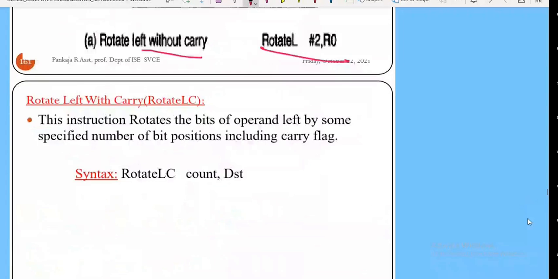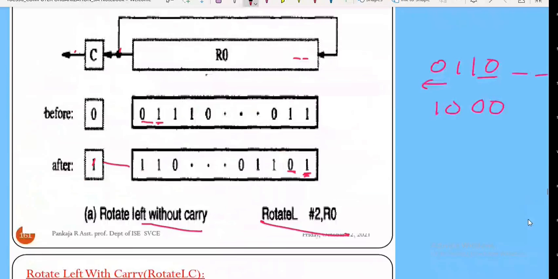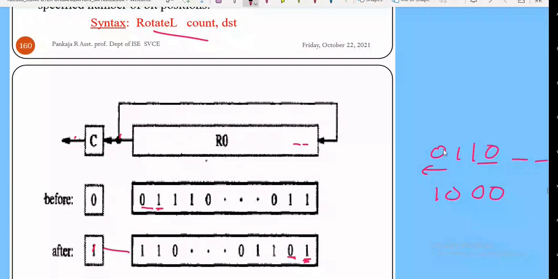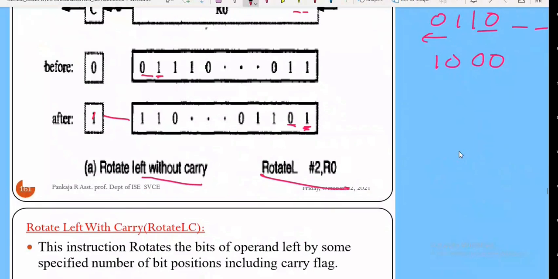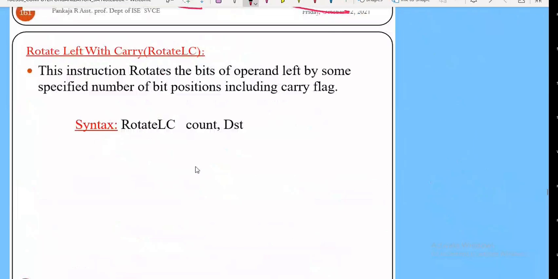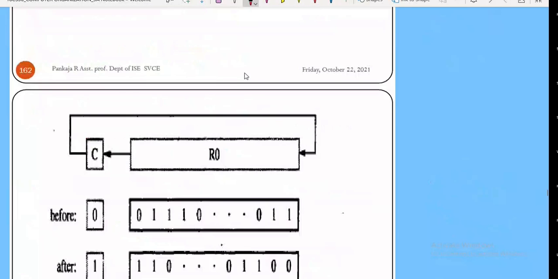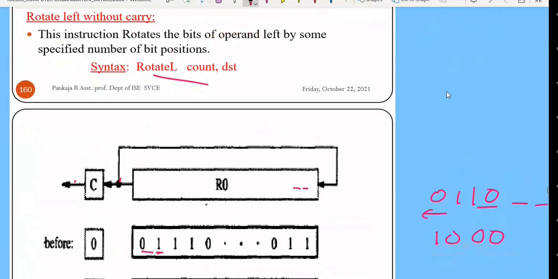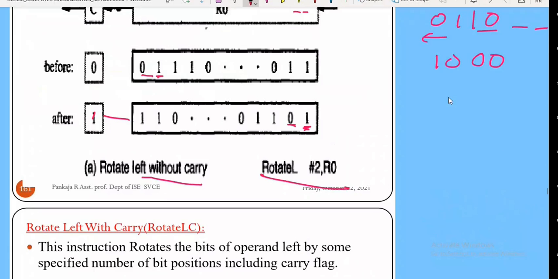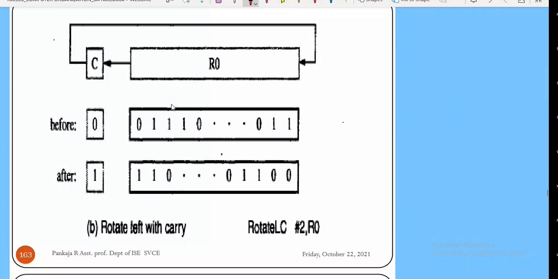So I explained about rotate left without carry. Now similar to that, rotate left with carry. You just check the diagram. This is without carry you are rotating. Next one is with carry, where you're going to consider the carry flag also.